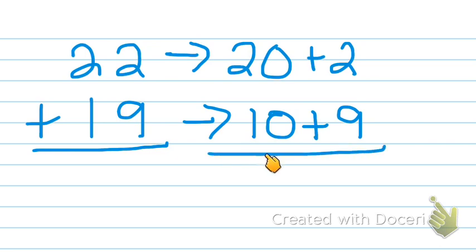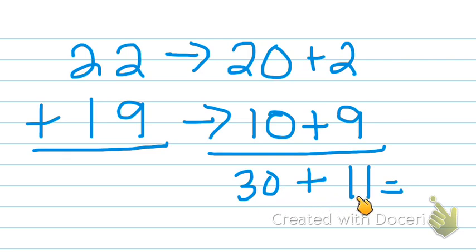Some of you yesterday were forgetting to draw this line right here. Don't forget to draw it, boys and girls. So I'm going to start off with my ones. 2 plus 9 is 11. 20 plus 10 is equal to 30. So 30 plus 11 is equal to 41.